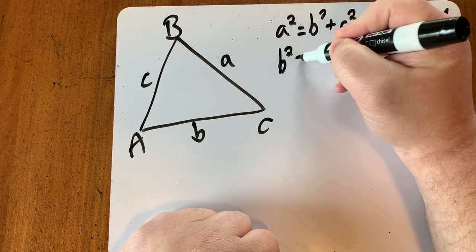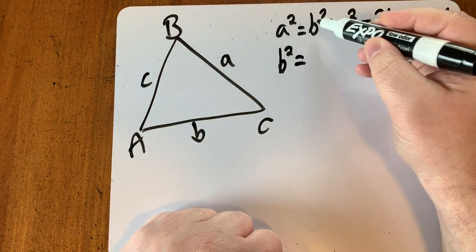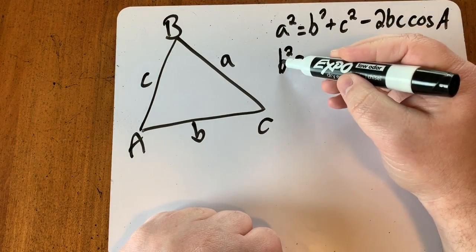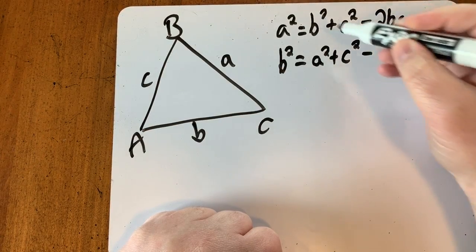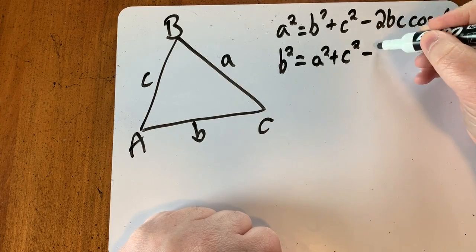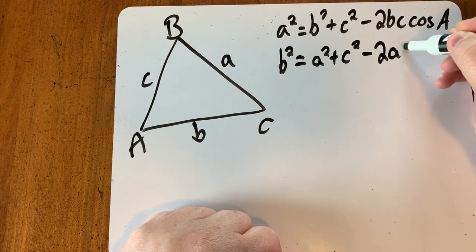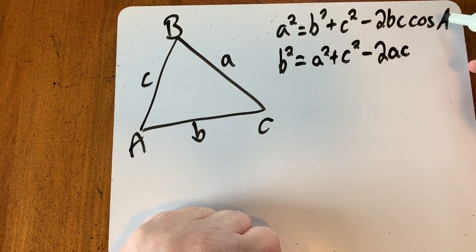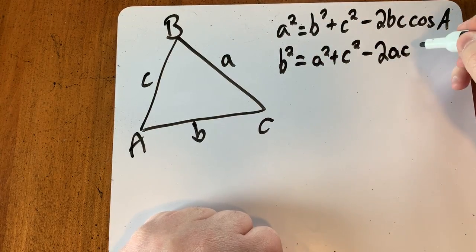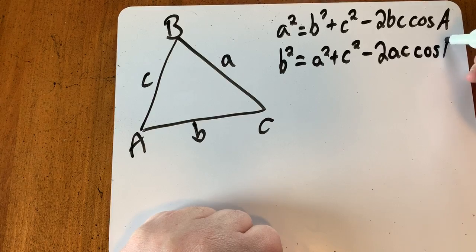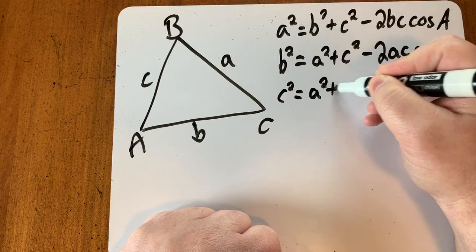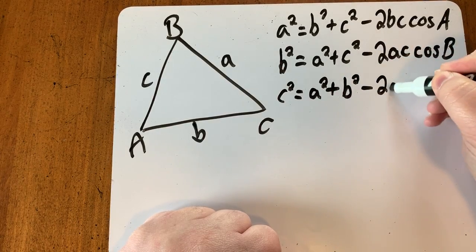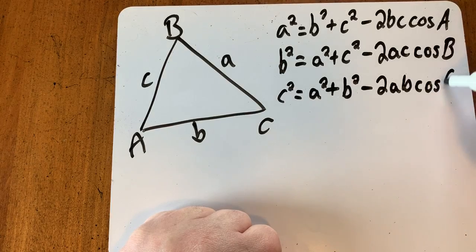When a squared was by itself, we had b squared and c squared. So when it's b squared by itself, we have a squared plus c squared over here. And when it was b and c, it's b and c here as well. So when it's a and c, it's a and c here as well. And then the angle is going to be the one that's opposite our side that's by itself. So in this case, cosine of B. And then c squared equals a squared plus b squared minus 2ab cosine of C.